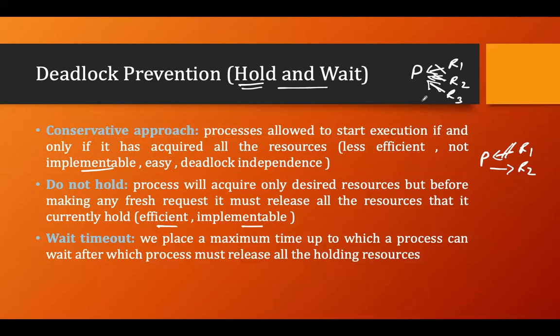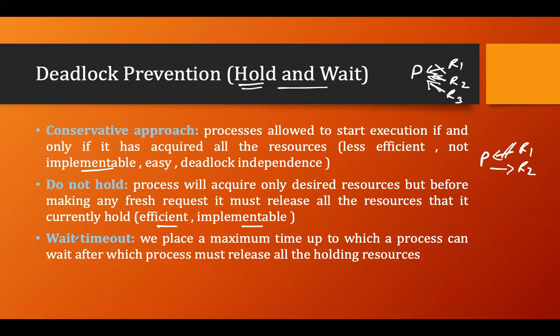It means that the process cannot reveal, or the system cannot know, how many resources are required for a process to execute all its code. So that's why it is not implementable. Here it is implementable because the process is requesting the resources one by one. Whenever it requires one, it will ask the operating system for the resource.